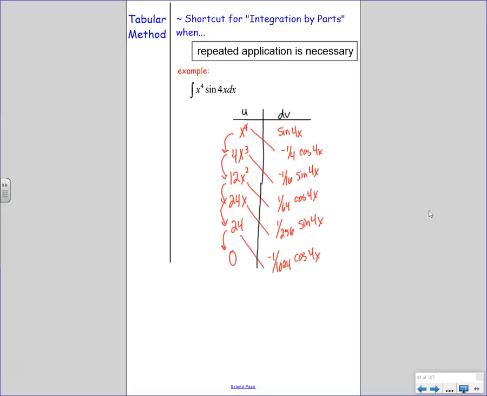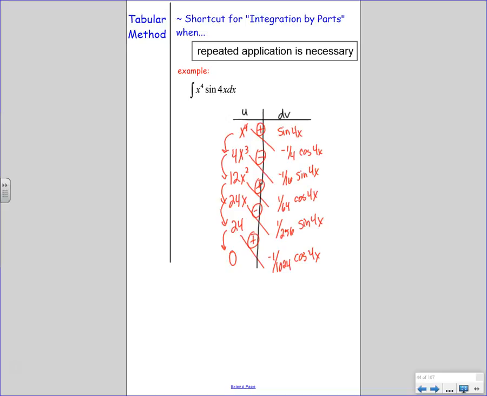What we have to keep in mind is when we do uv, the next sign is going to be opposite, because it's going to be minus the integral of. But then the next one's going to be opposite again, so we can think of it as a plus and a minus and a plus and a minus, because every time with the formula uv minus the integral of, you flip the sign, and sometimes you flip the flipped sign so it gets back.